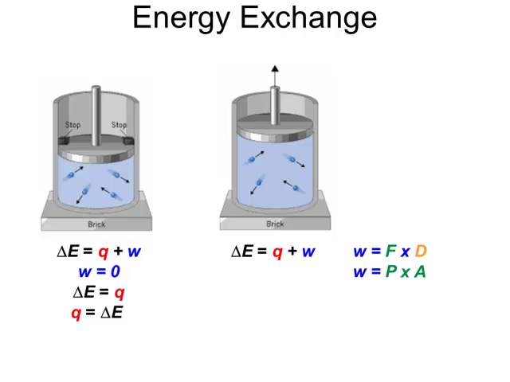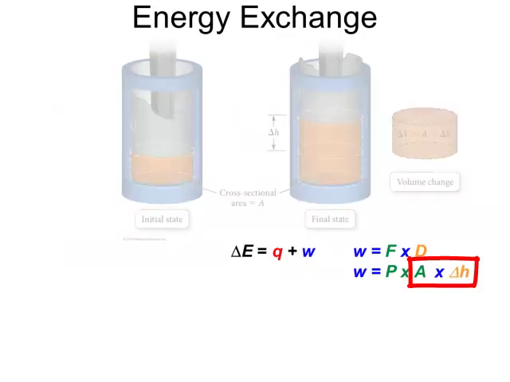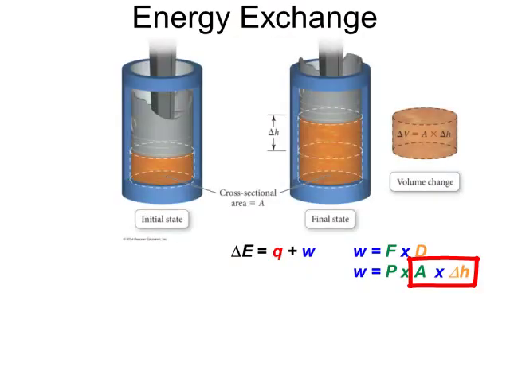The distance traveled is the change in the height of the gas in the cylinder. Area times change in height is the same thing as the change in volume of the gas, making work equal to the pressure of the gas times the change in volume of the gas.